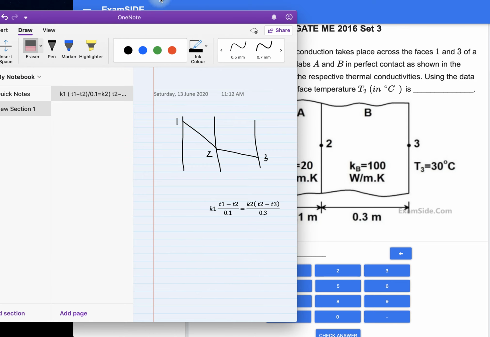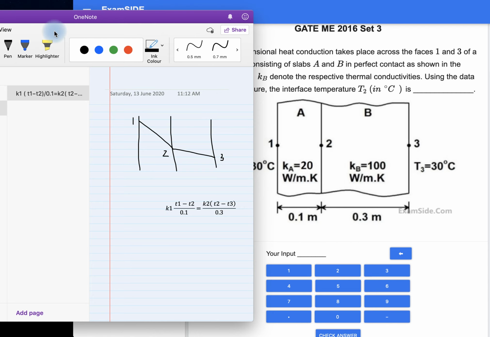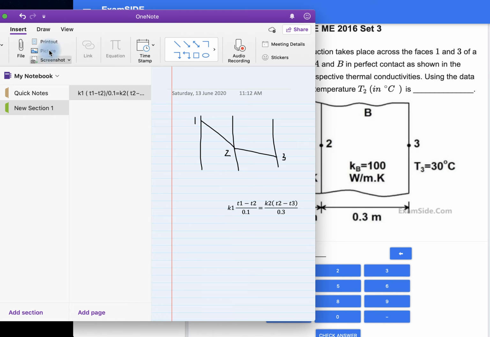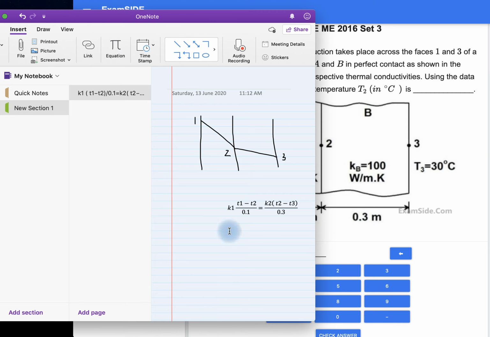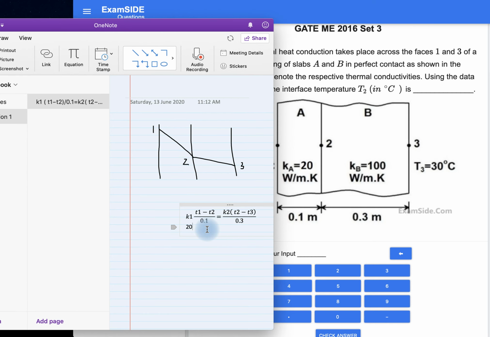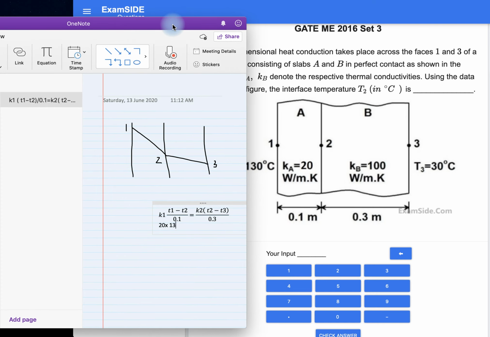So if we put the values, K is equal to 20 into the temperature at this face, 130 minus T2, divided by 0.1, we can write it as 200, is equal to 100 into T2 minus 30 divided by 0.3.